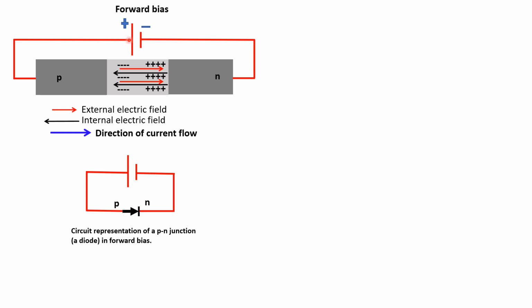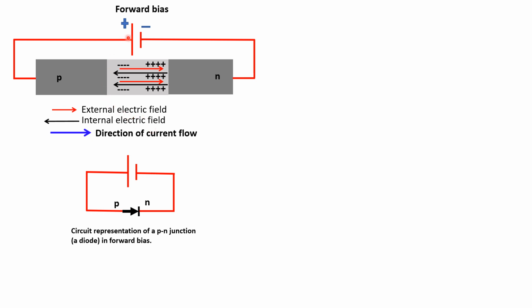And since we are plugging the positive part of the battery, the high voltage part of the battery on the P side and the low voltage on the N, this electric field will point from P to N. In other words, it will be antiparallel to the internal electric field. So the external electric field in forward bias configuration is antiparallel to the internal electric field. This is an important feature that we need to keep in mind.